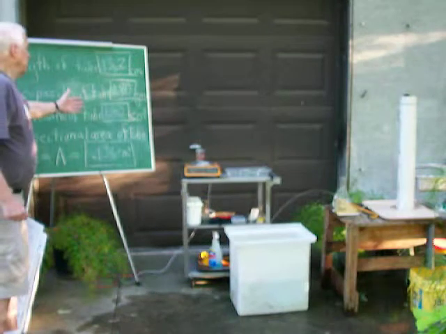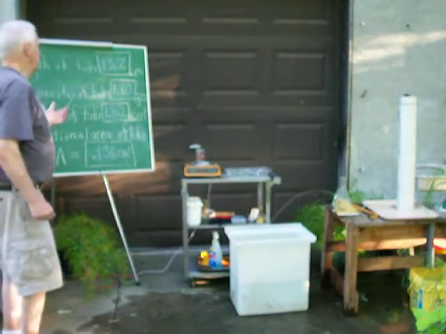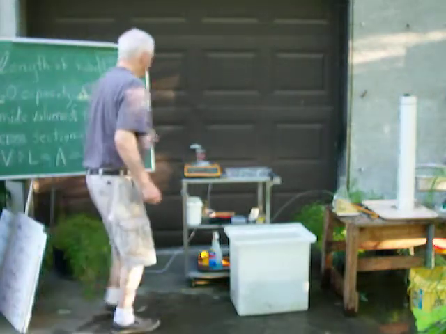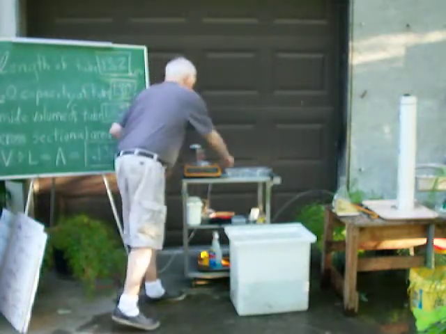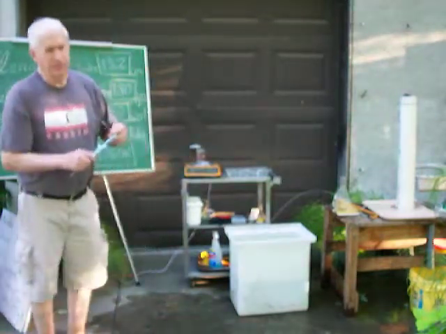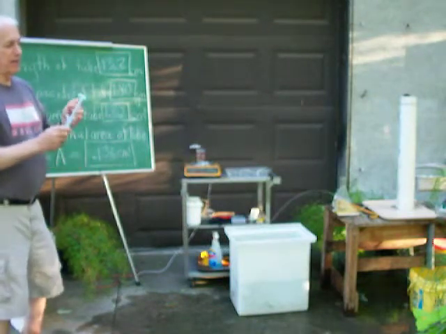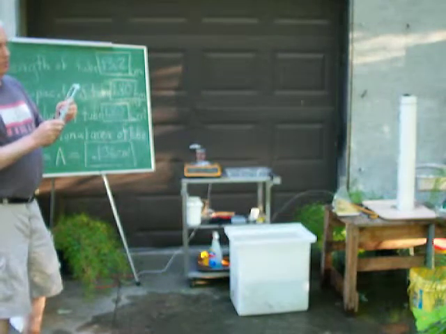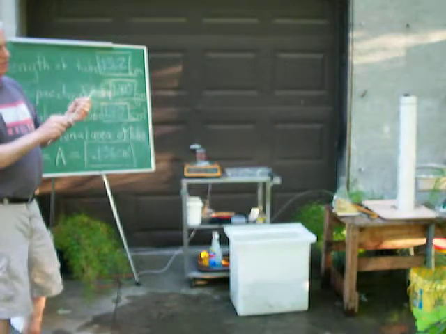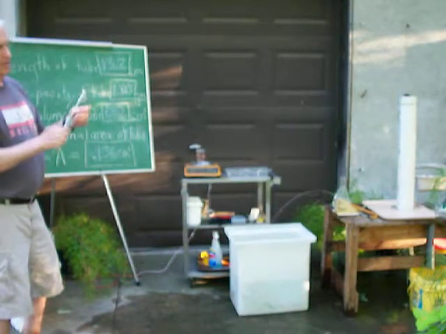The next thing I need is, I still don't have the cross-sectional area, I have the volume, but I measure the length of this glass tube. This is a very cheap vernier caliper I got at Northern Tool. It's kind of nice because it'll measure up to 15 centimeters in length.